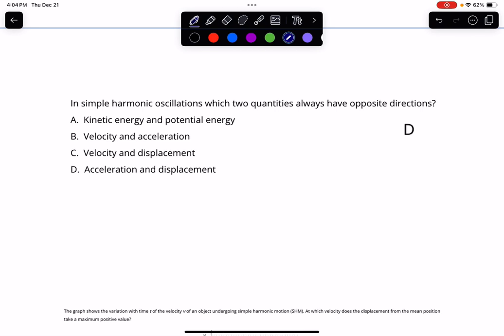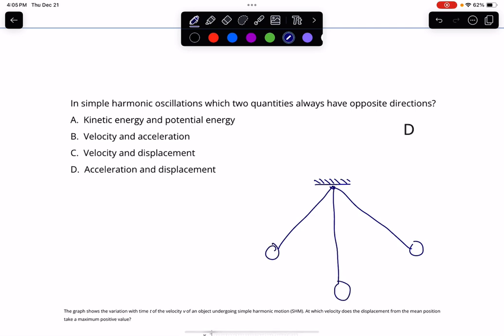Now, we can look at another question, right? So in this case, in simple harmonic oscillations, which two quantities always have opposite directions? So for this one, we have to look at our simple pendulum, right? And actually, the simple way to look at it is you just need to remember the defining condition of simple harmonic motion. So in simple harmonic motion, we know that acceleration is negative omega squared x, and that acceleration is proportional to negative x.